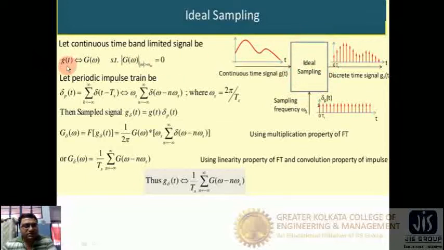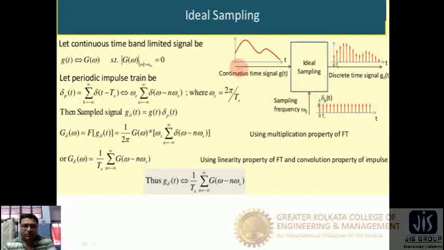So g(t) is the input signal and G(omega) is the Fourier transform of g(t). And delta T is the sampling frequency, that means the frequency at which the signal is being sampled.